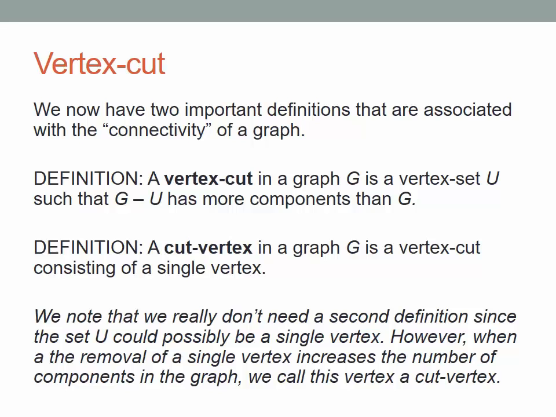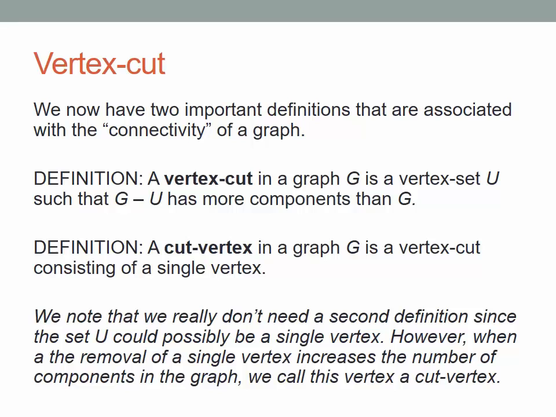We have two important definitions that are associated with the connectivity of a graph. One is the vertex cut, and one is a cut vertex. So what is the difference between the two? A vertex cut is a vertex set whose removal from the graph disconnects the graph, or more correctly to say, whose removal increases the number of components.